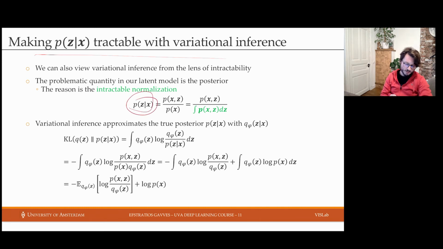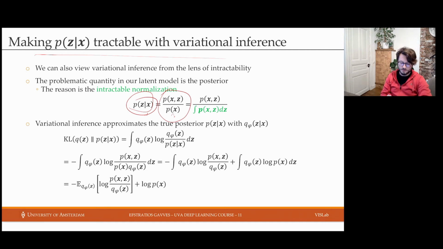We can say that in our computations, the posterior is actually the most problematic one, because the true posterior is computed as the joint likelihood over the prior over my observed data x, so the marginal.